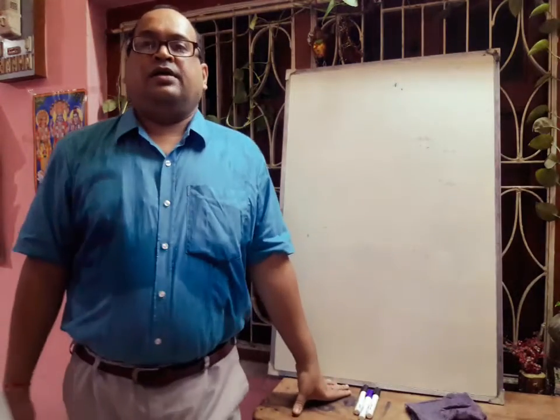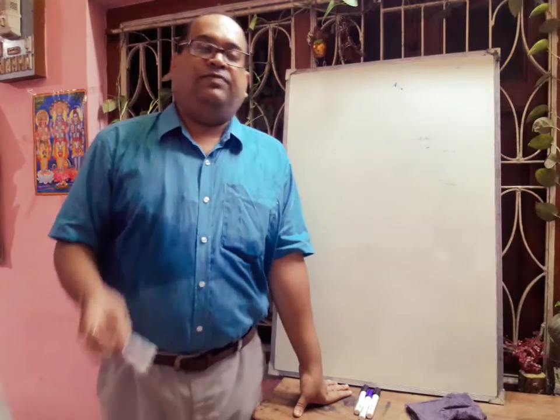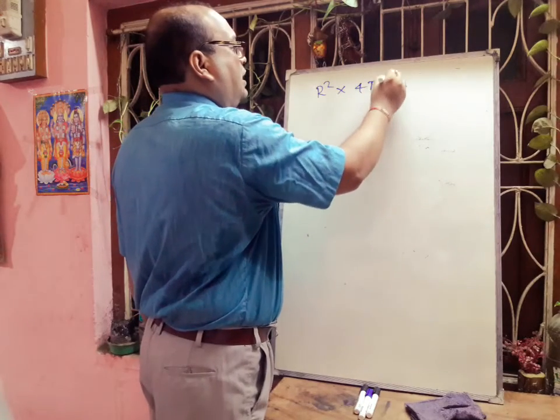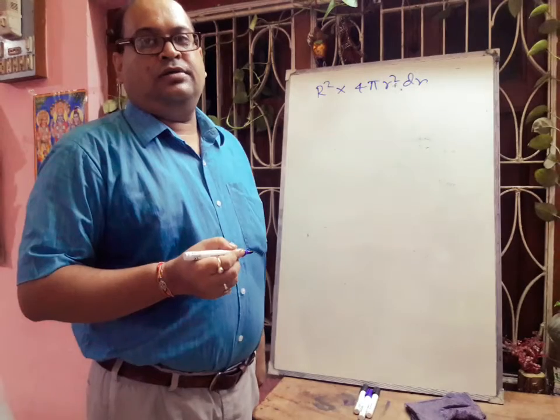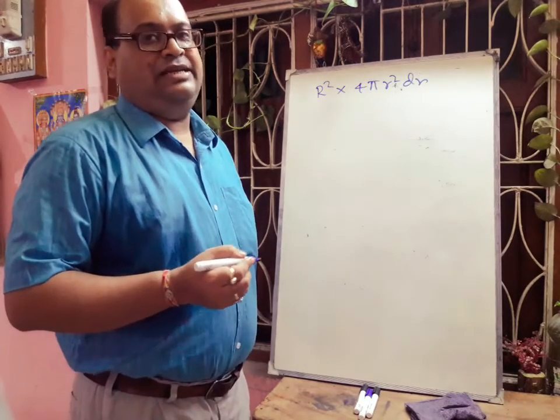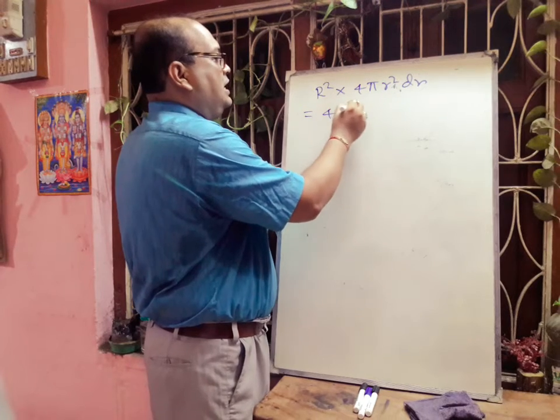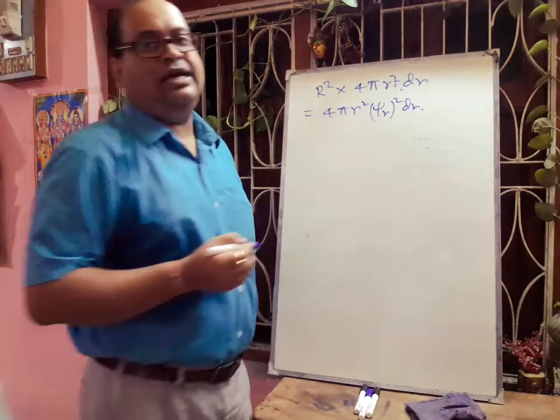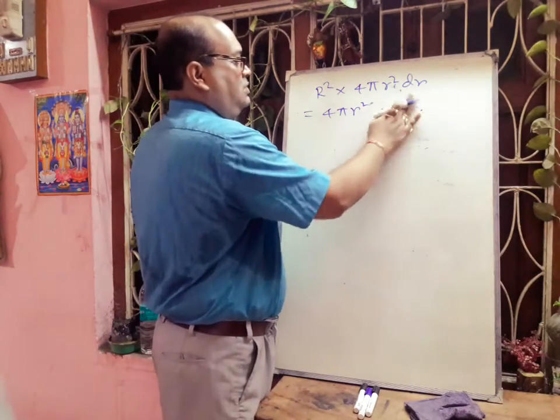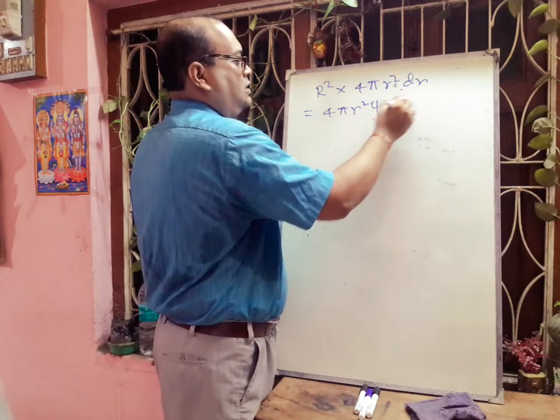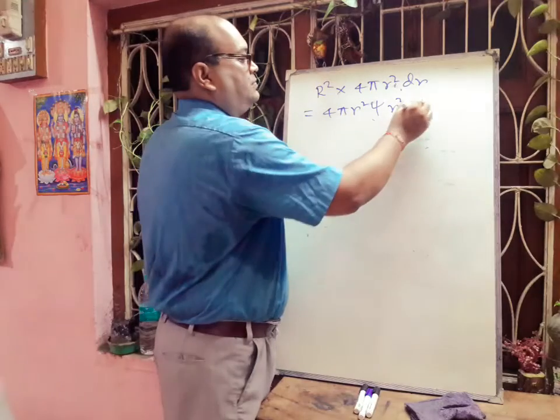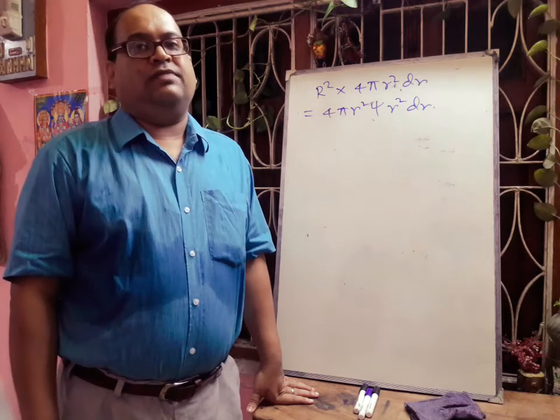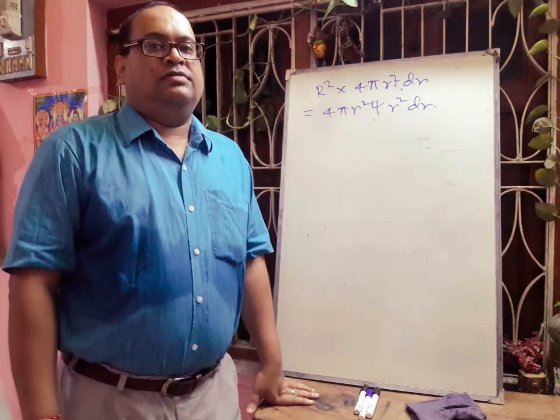And next, we have the probability. So if we want to discuss the probability, that will be R square into 4 pi r square dr. So from here we can write that will be equal to 4 pi r square, that is psi r square into dr. Or here better you write that psi r square dr. Okay, now this gives the probability of finding the electron at a particular distance r from the nucleus, and this is called the radial distribution function.